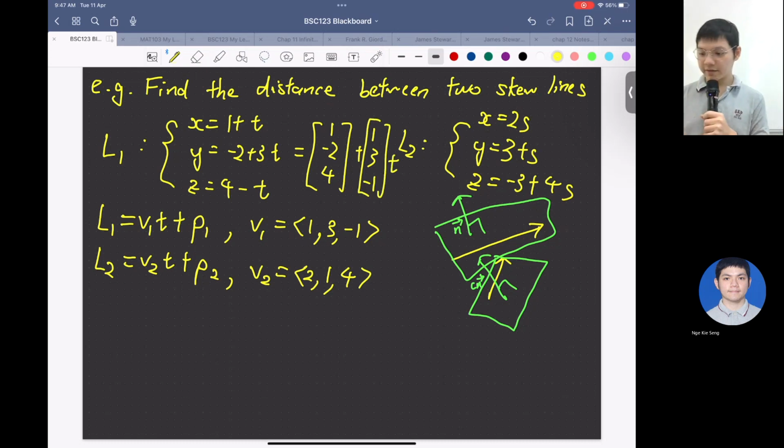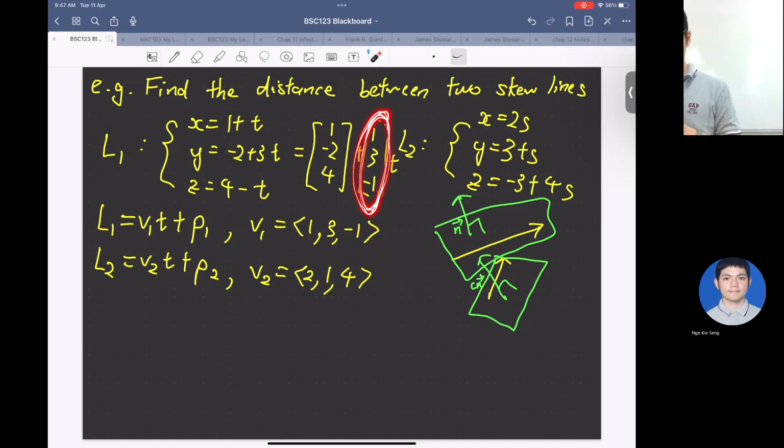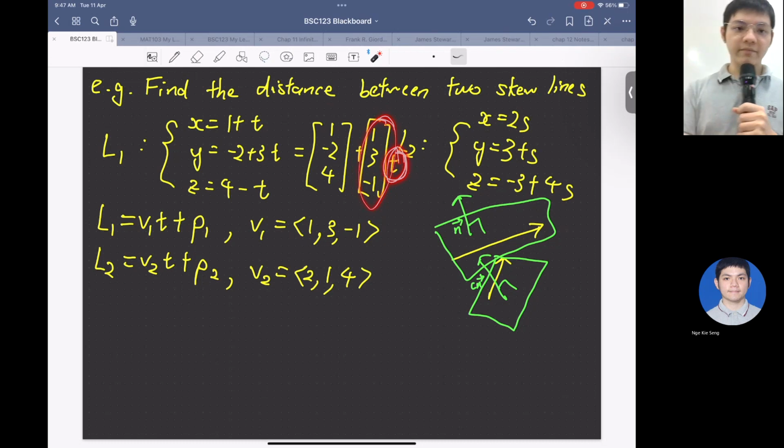This part here is really a line, the direction of the line, and the line is made up by the t if you vary the t.